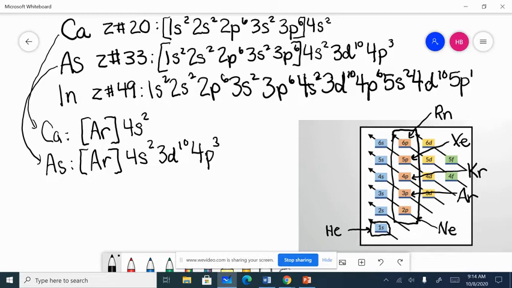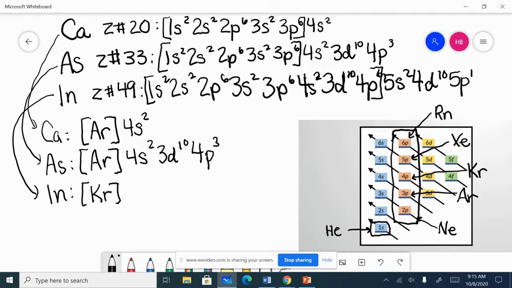Let's do indium. Back your finger up, and you're going to bump into krypton. Krypton here is at the end of 4p. So I can look for 4p in here. Now, when I put krypton in brackets like this, all 36 electrons that belong to krypton are now inside the brackets, represented with Kr.